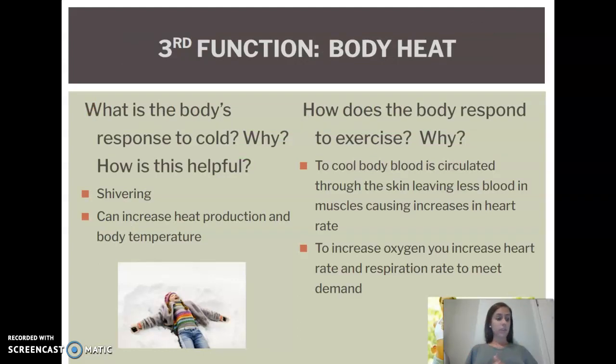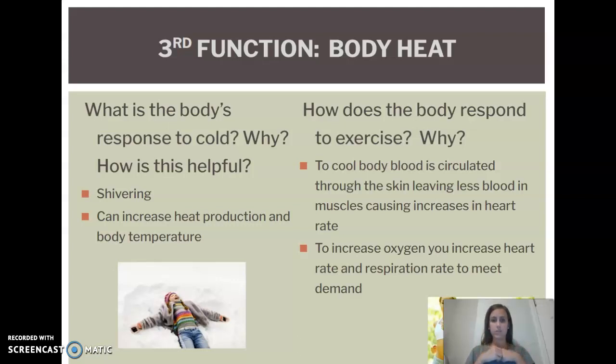And then the final function that we need to know about is regulation of body temperature or body heat. We already know that when we're cold, we shiver, right? And that shivering is tiny little muscle contractions, which help to increase our body heat and body temperature.